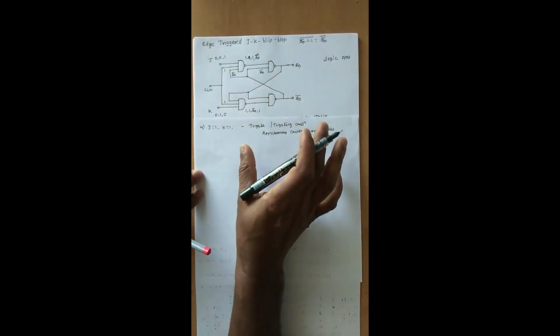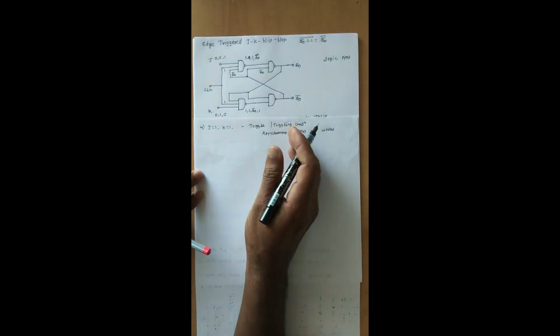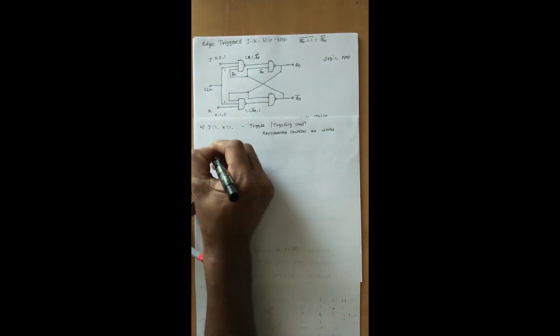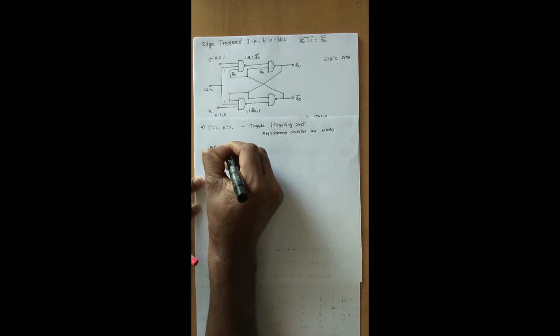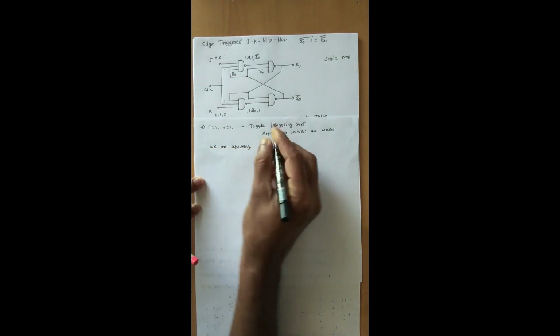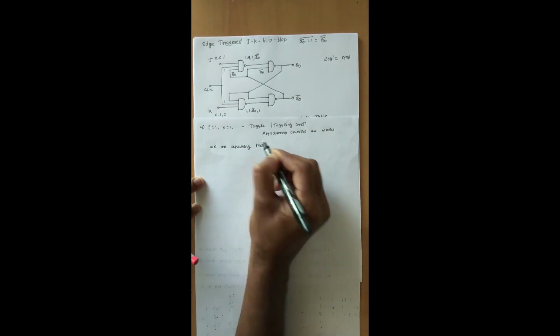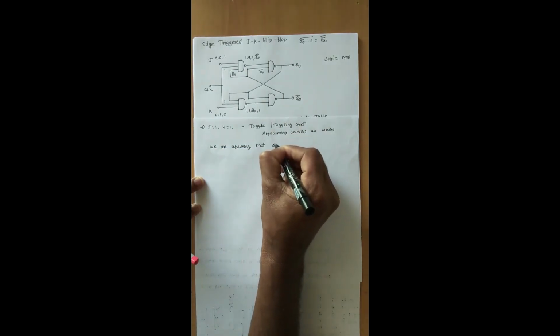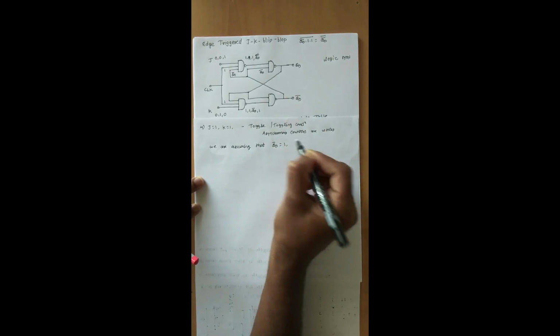So let's start with some assumptions. We are assuming that Q of n bar is equal to 1.